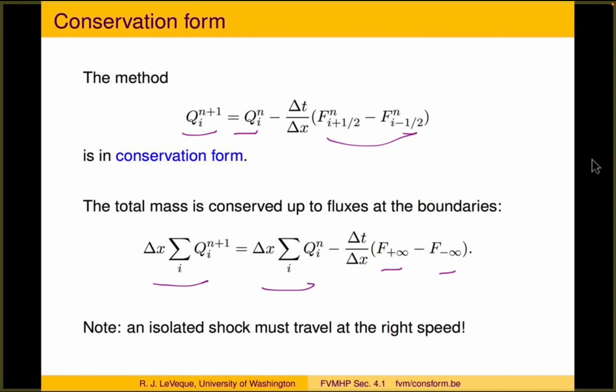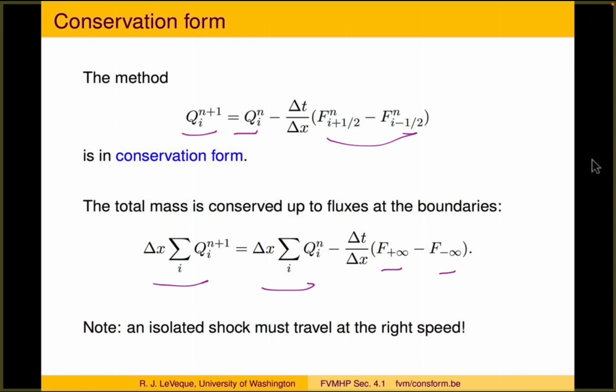For a Cauchy problem on a hypothetical infinite grid, you'd assume q approaches some constant state as you go to infinity, so the fluxes approach constants at plus and minus infinity, and you're left with the difference in fluxes between plus infinity and minus infinity.